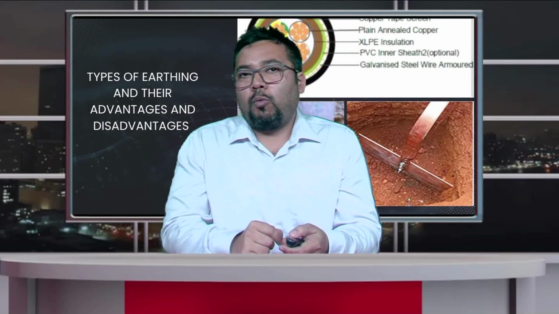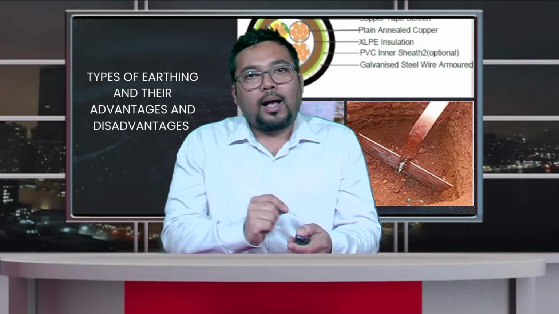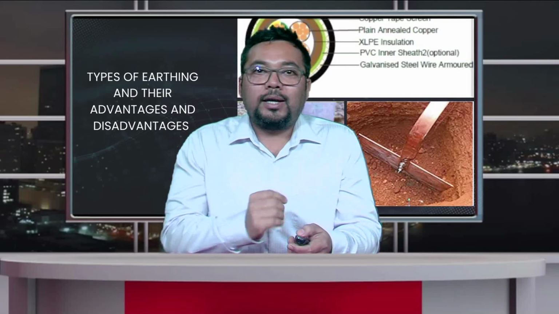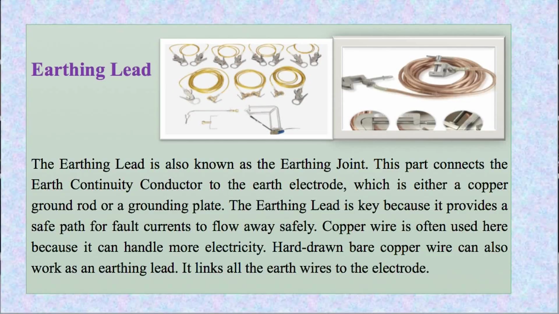For it to work well, you want to keep connections to a minimum, make them small, and keep them straight. Copper wire is often used here because it can handle more electricity. If you have high installation, copper strips are a better choice. Hard-drawn bare copper wire can also work as an earthing lead. It links all the earth wires to the electrode.